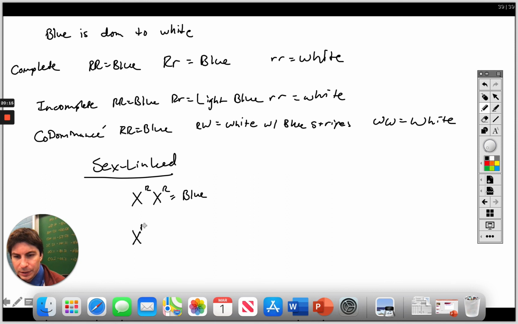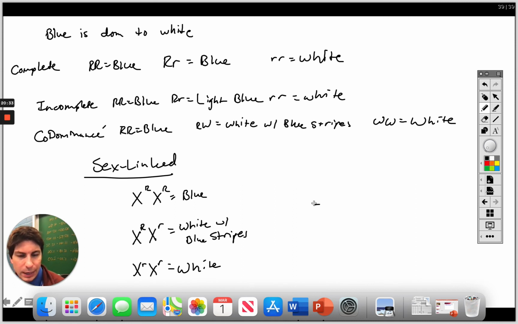If it's X big R, X little r, it's going to be the white with blue stripes. And X little r, X little r is going to be our white color.